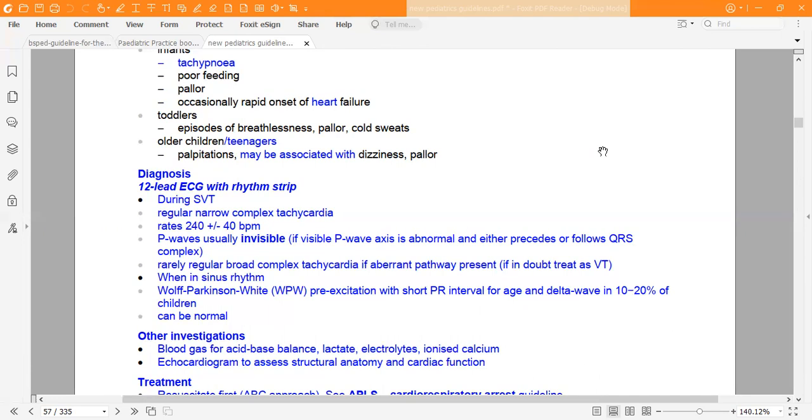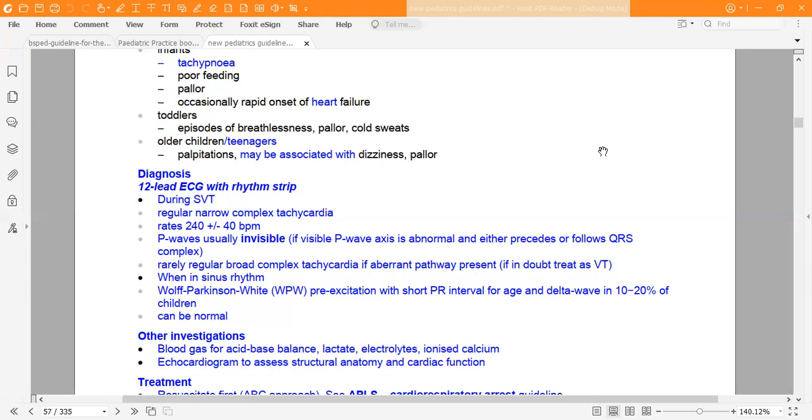P wave is usually invisible. If a P wave is visible, the axis is abnormal and it either precedes or follows the QRS complex. Rarely a regular broad complex tachycardia if an apparent pathway is present. If in doubt, treat as ventricular tachycardia.